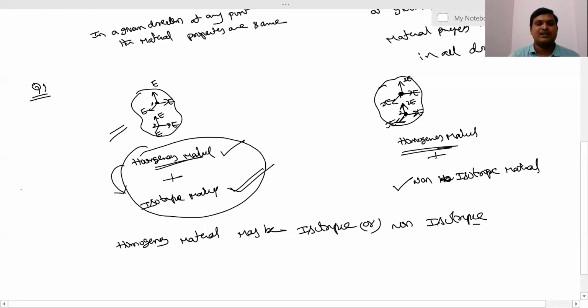They may be homogeneous but non-isotropic. But most engineering material properties are homogeneous as well as isotropic. So while designing we should think of this, and this assumption is very mandatory, you should remember.